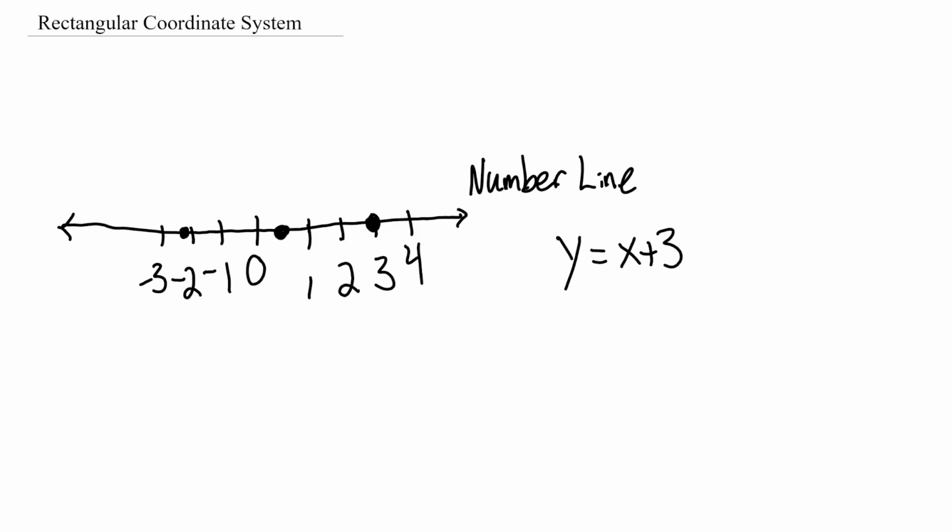So if x is, say, 1, then y is going to be 4, right? The point I want to make here is that we have two different variables that could have different values. So just having a one-dimensional line like this isn't sufficient. We're going to need a second line for the second variable.